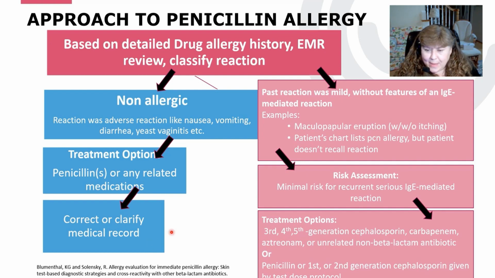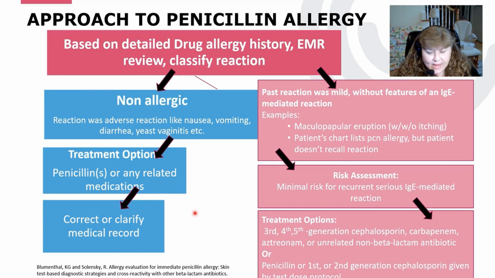But let's say the past reaction was mild. There really weren't any strong features of an IgE-mediated reaction. Maybe this is the classic maculopapular eruption that may or may not itch. But the patient's chart does list it as a penicillin allergy, and the patient doesn't recall anything more about it. You'll do a risk assessment and decide whether or not you think there's a risk for it to be an IgE-mediated reaction.